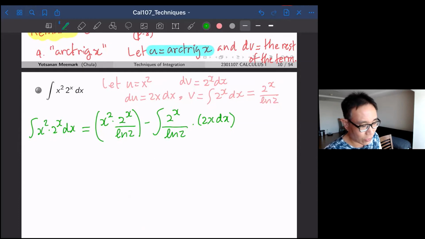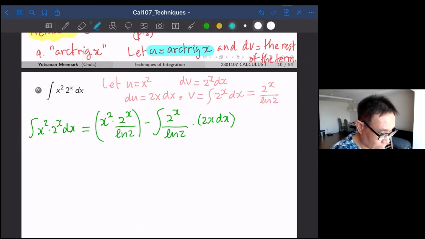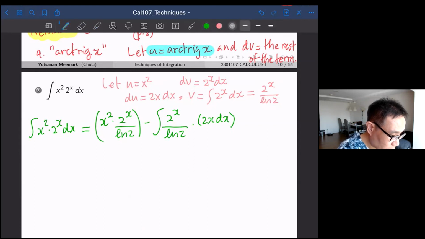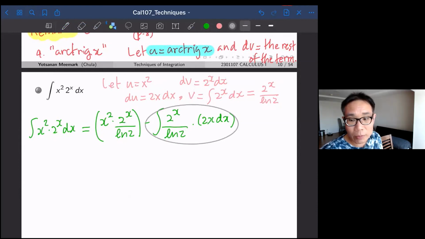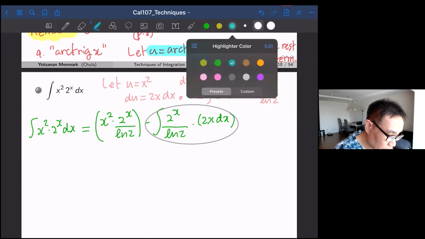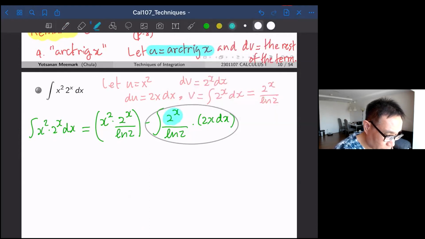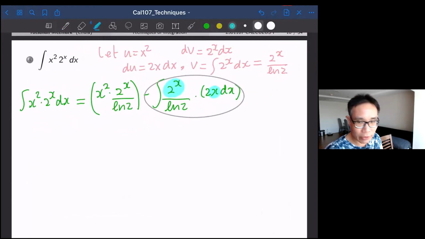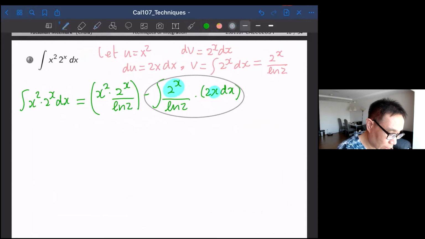However, for this term that I'm circling here, you are not able to integrate it yet, because it's going to turn out to be again 2 to the x times x. So it's not good, it's still a product.